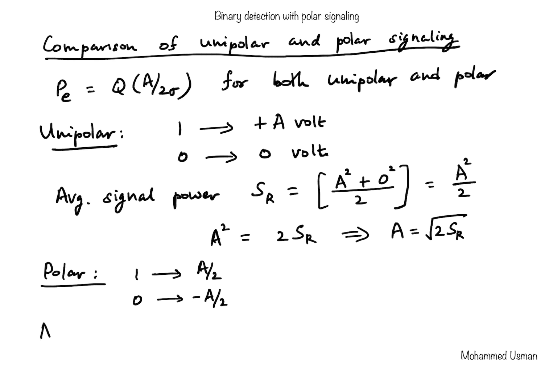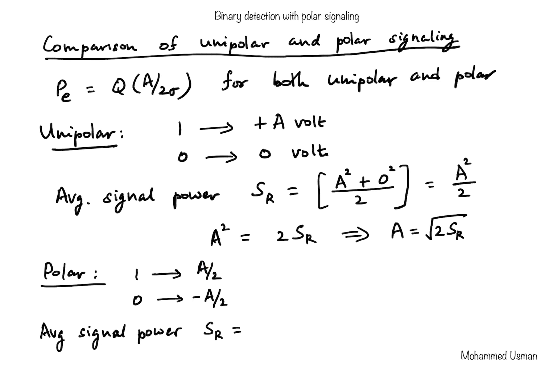Now for this, the average signal power, which again we will define as SR, is going to be equal to the average of the powers corresponding to a 1 and a 0. Whenever we are transmitting a 1, the power corresponding to a bit 1 is going to be the amplitude used to represent a 1 squared. So it's A by 2 squared.